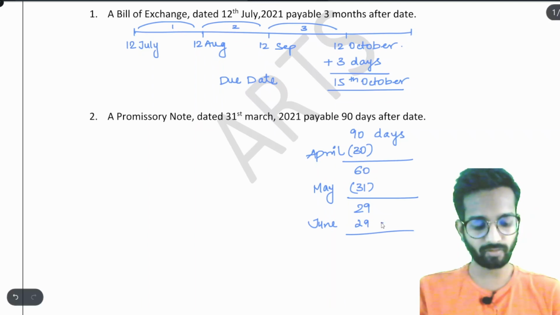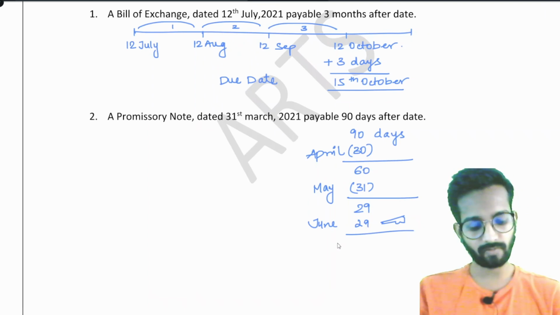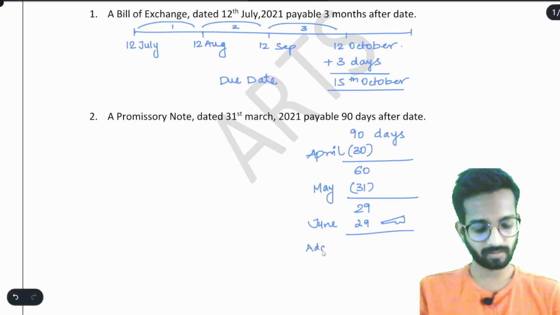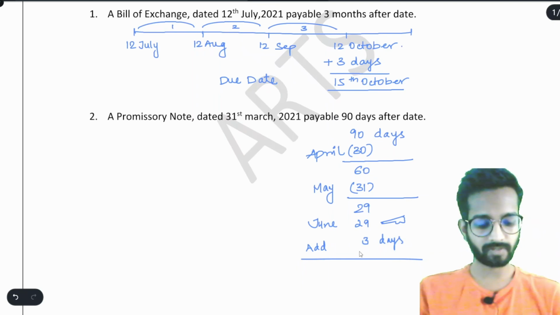Now when you reach this point that okay, June 29th is our due date, then you have to add 3 days of grace. It will be 30th, 1st and 2nd.